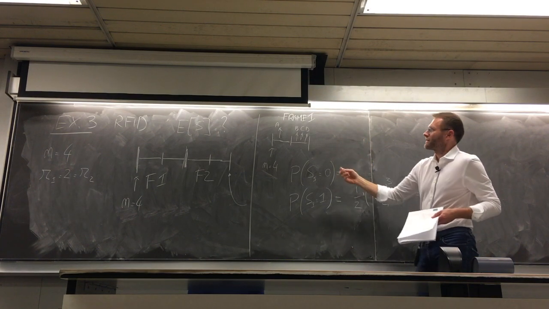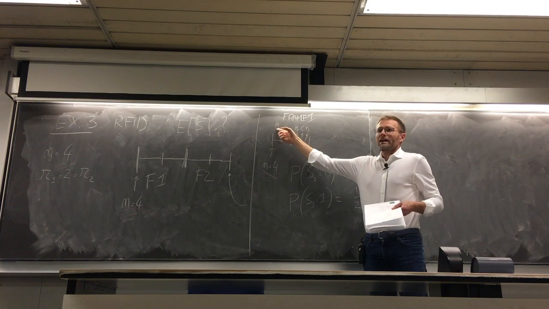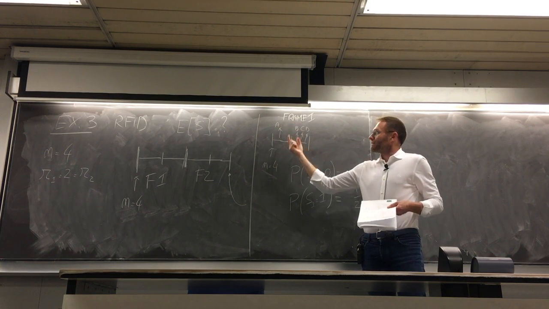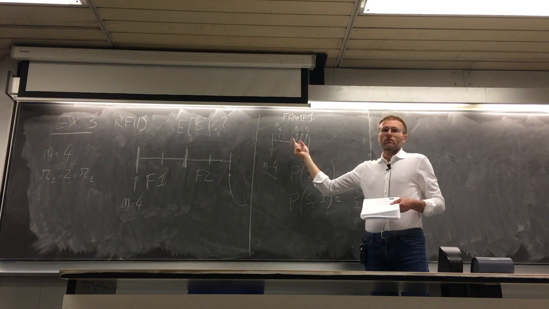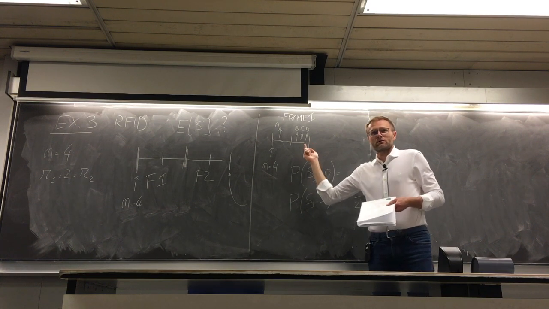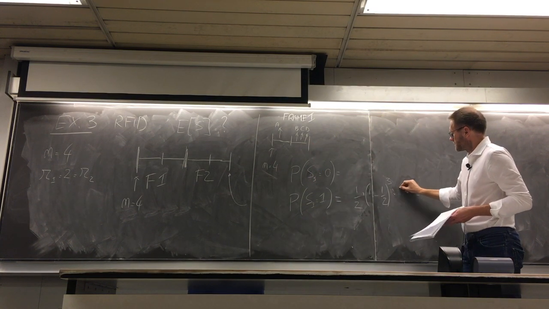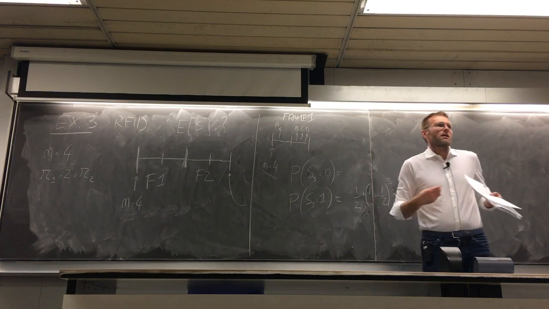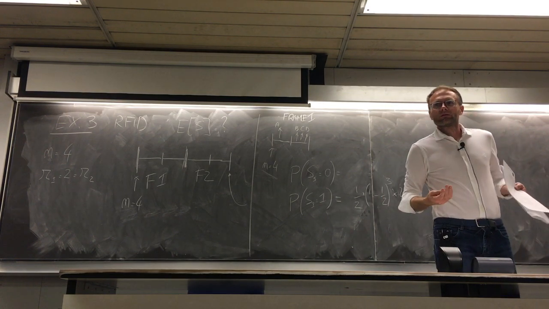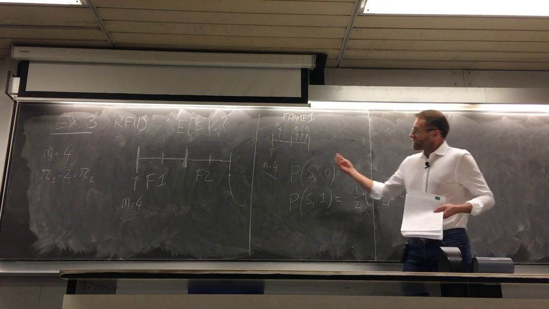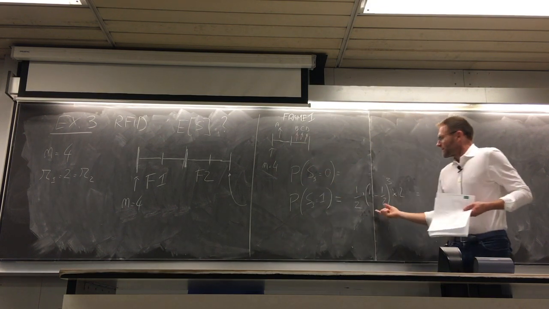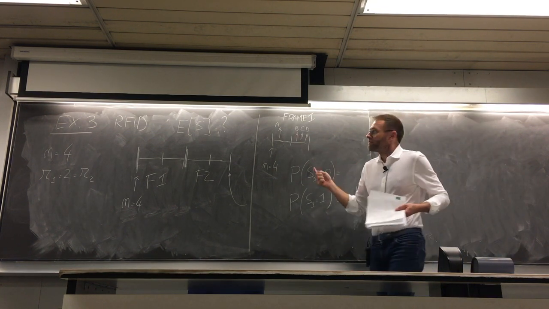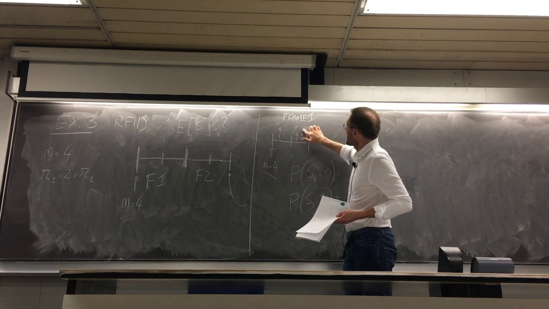Then, in order for tag A to go through, it can be this way or the other way around. So tag A can choose the other slot. That's why I have to multiply it by 2. Then since I'm interested in any tag going through, I have to multiply this probability by 4, because it can be any of the 4 tags going through.